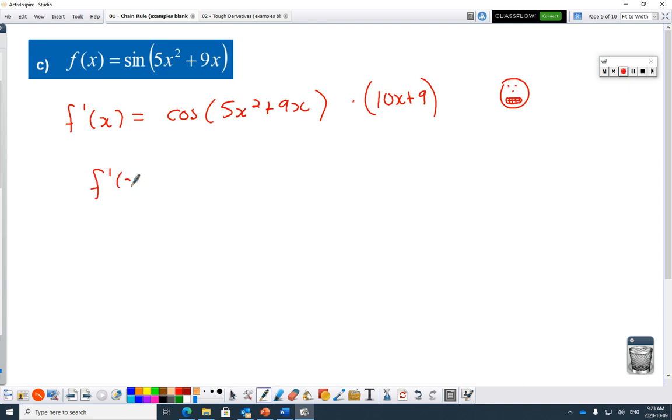You'll go f prime at x equals, and you'll go, oh, sine, cos. Same thing, but anything that comes next is going out front. Sine and cos is usually the last on the list because this gets confusing. Is this cos of this times this, or is it cos of this times this? It's a little confusing. But if you write this out here, then you don't have those kind of problems. You're saying, no, only the 5x squared plus 9x is inside of cos. Everything else is outside. And so that's a little bit better.